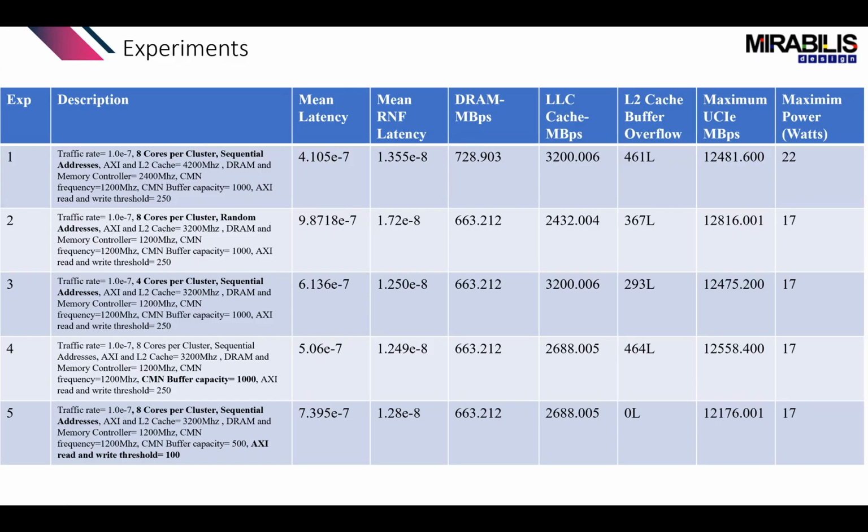The interesting thing is item number 3 has only about a 35 or 40% drop in latency, but its system level cache has about the same throughput as item number 1. So there is some opportunity to optimize the system. You'll also notice that the UCIe bandwidth on the maximum side is about the same for all of these.